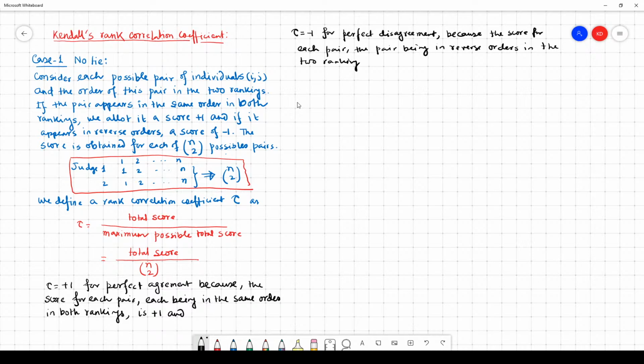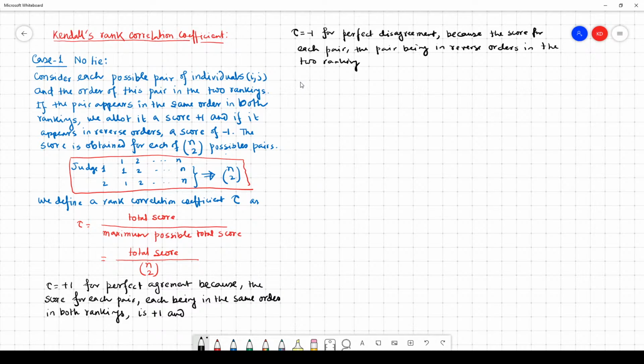And tau equal to -1 means the total score should be minus NC2, and tau equal to +1 means total score NC2. Since tau equal to -1, total score minus NC2, this means for all the pairs it should be in reverse order. So that means there is a perfect disagreement.